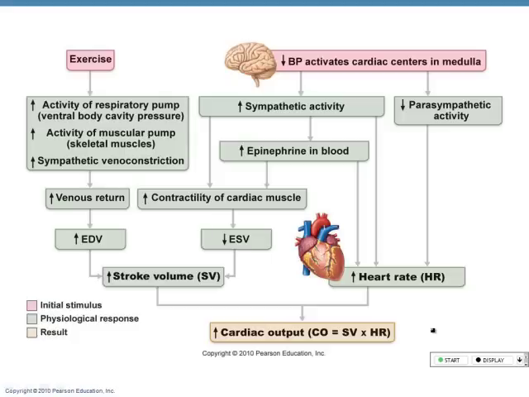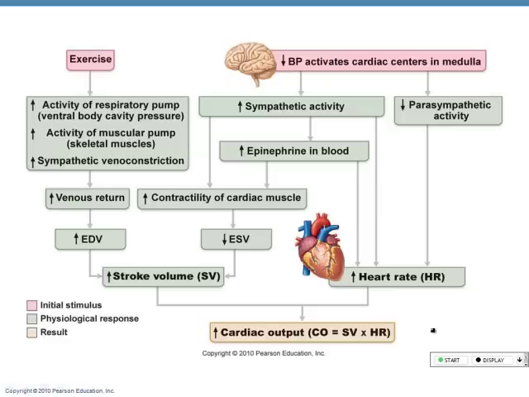Sympathetic nervous system activity is also going to help increase cardiac output. Epinephrine in the blood is going to cause what to happen more forcefully? Contractility of the cells. So epinephrine, remember we saw that near the beginning? That little second messenger system that you all were keen on picking out? Yes? Okay.